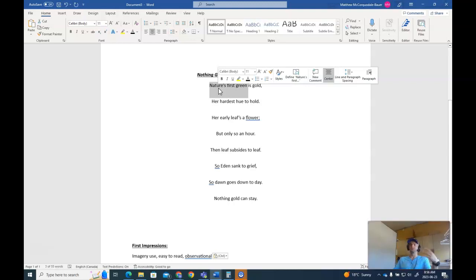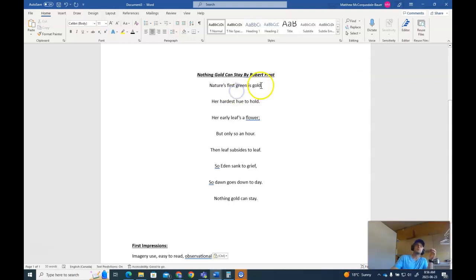Anyone who's been somewhere during springtime, in a location with seasons, let's say Manitoba, knows that we come out of winter, there's all the bare trees, and then there's that bright and vibrant green that starts popping out. We know that nature has a first green, and now Frost right away makes a comparison between green and gold.